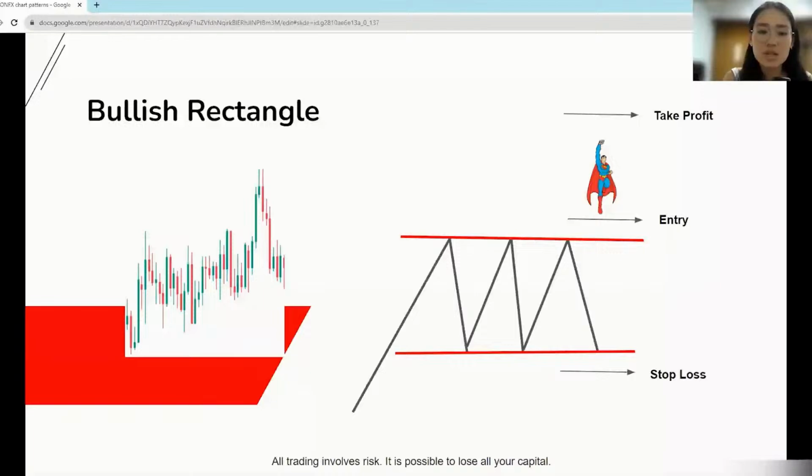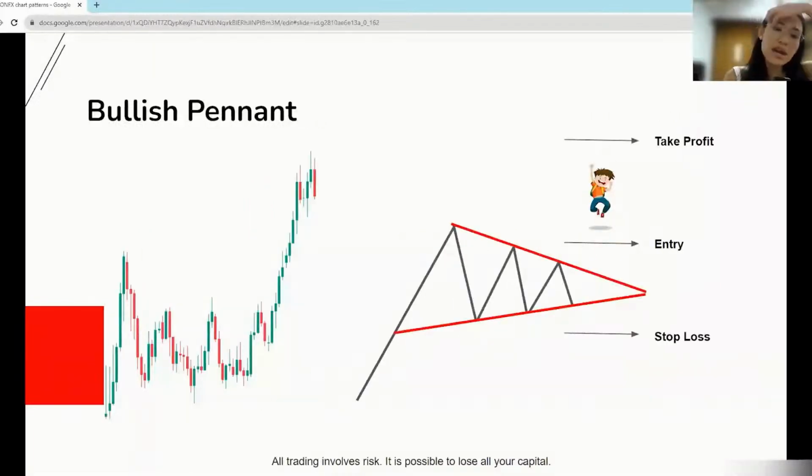Okay, next, let's take a look at bullish pennants. For bullish pennants, some people call this a flag shape as well. So it's entirely up to you what you want to call it, but it's all about the same. So for a bullish flag, we have this shape here.